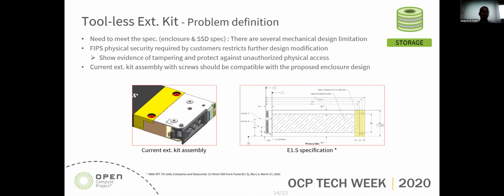However, any modification on enclosure should not violate the current spec because the current extension kit assembly with screws are the only option in the market, and any major design change on enclosure could cause assembly issues to the server system. So we would like to create a toolless extension kit with no or minor enclosure modification.